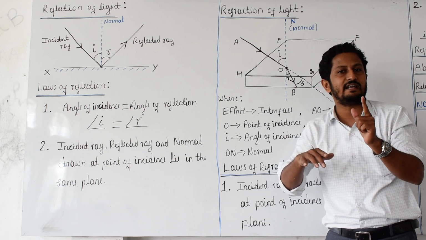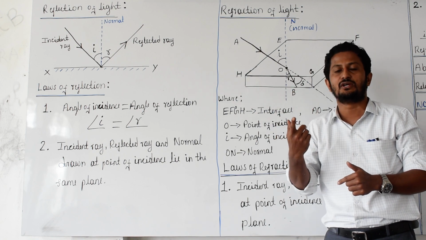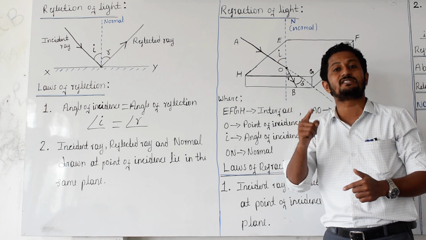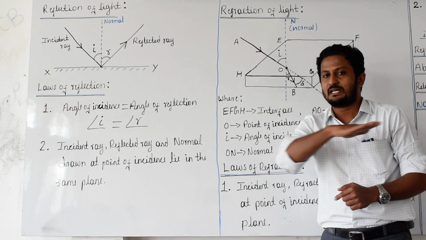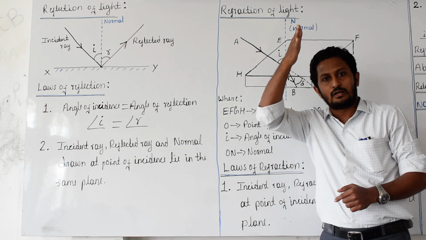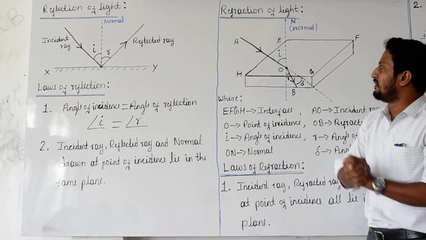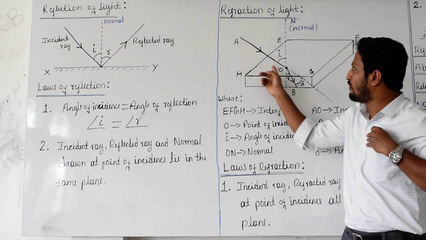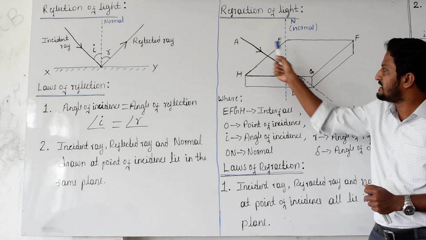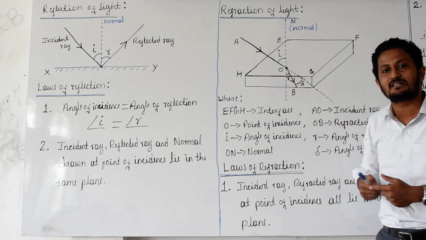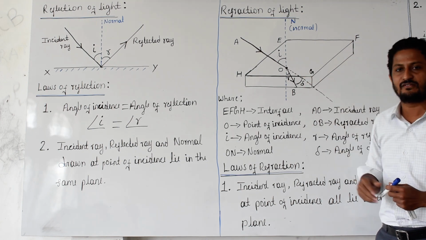Have you understood? Oblique, very important. While telling the definition of refraction, you must and should use this word oblique. Oblique means neither parallel nor perpendicular to any specified surface. Now you see here, this AO line is a light ray. How is it incident on that horizontally held EFGH surface?